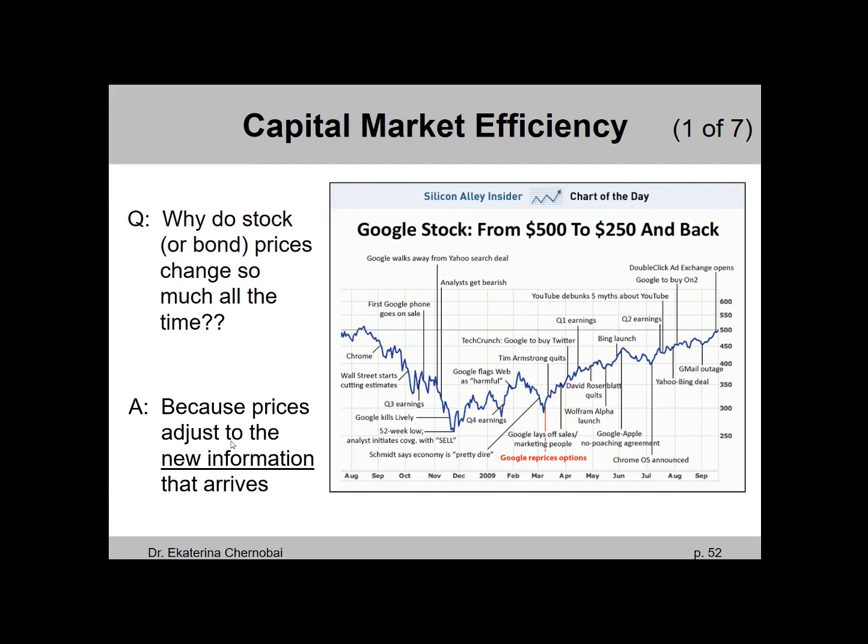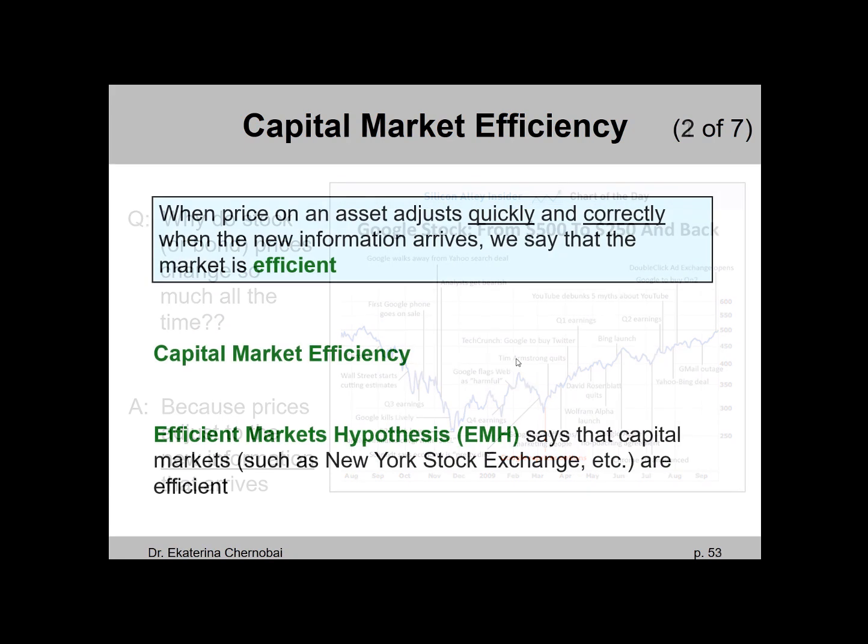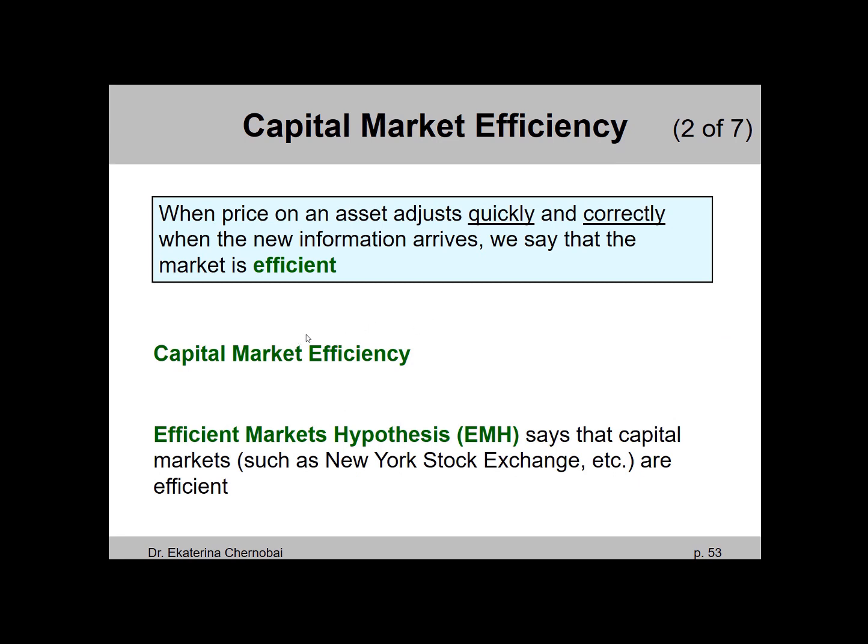So it has to do with the prices adjusting to the new information that arrives. We say that the stock market is efficient if, when something new happens that affects the stock, the price adjusts quickly and correctly when that new information arrives. That's the capital market efficiency.